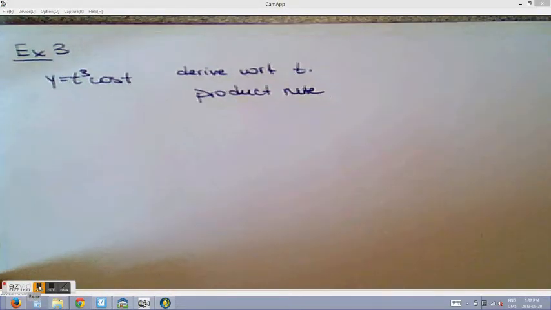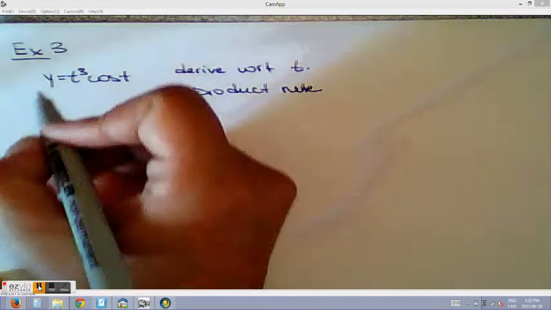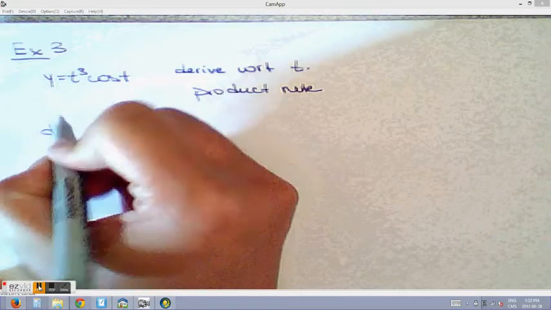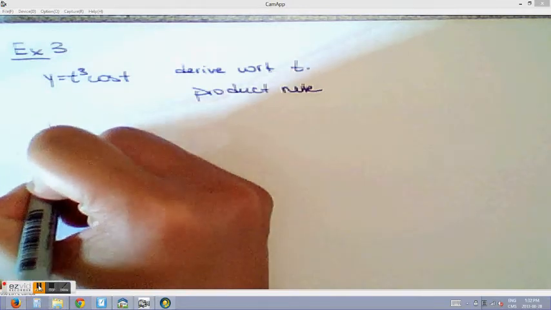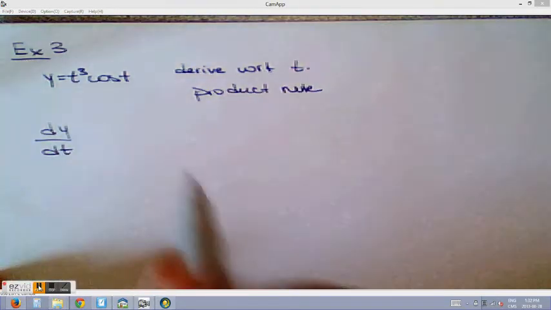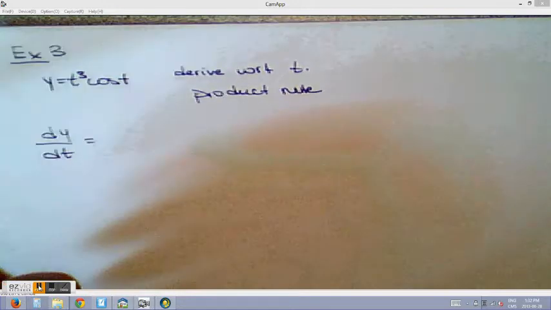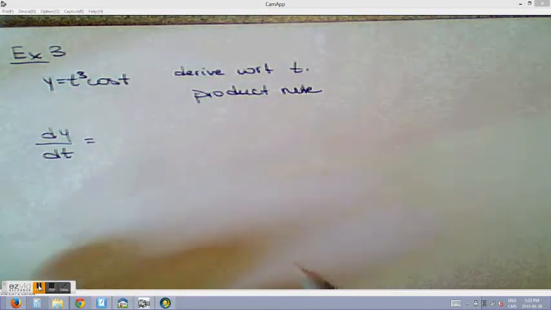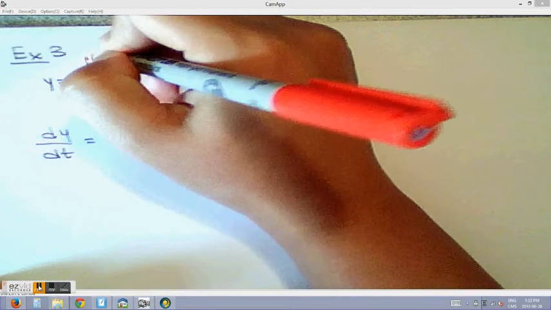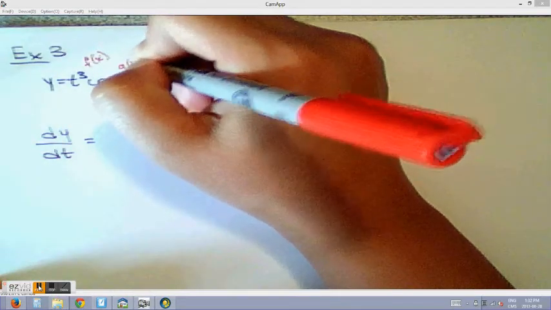So let's just do this the short way. dy over dt. I'm just going to go ahead and do the product rule because I'm sure by now you're probably used to doing this. And you don't need to write out your f of x and g of x, but if you really wanted to, you can. Don't feel that you have to do it my way. So this is f of x, and this is g of x.